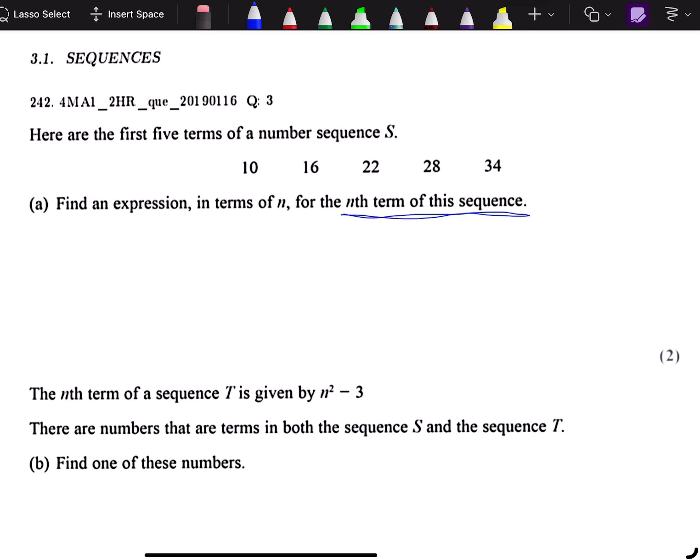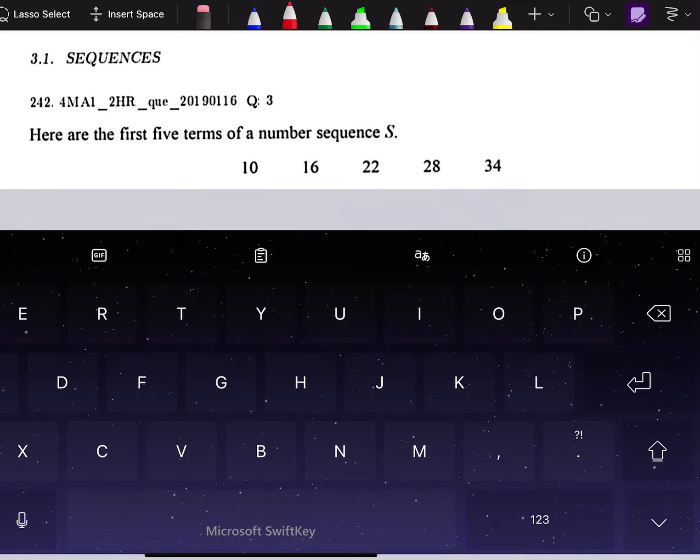Nth term basically means that we need the general formula in the form of n, and we should keep in mind that the general formula for an arithmetic sequence is a_n equals a plus d times n minus 1. We need the formula only in terms of n. So for that we need only two things.